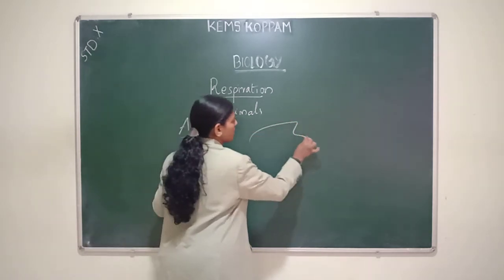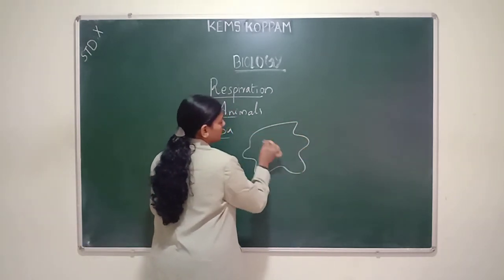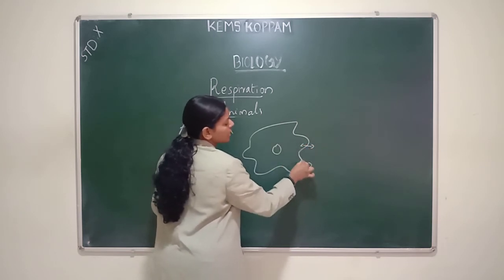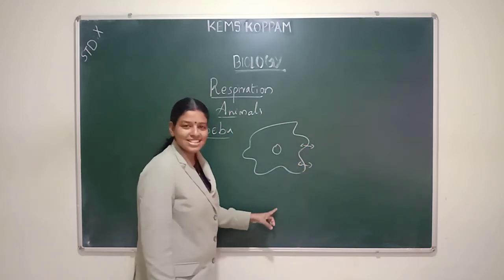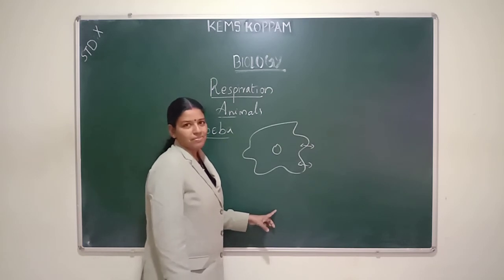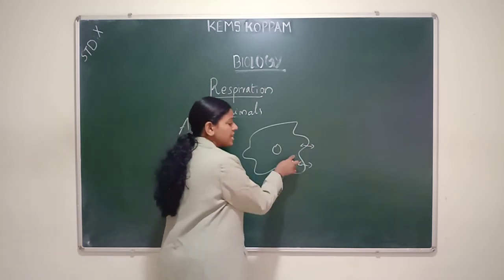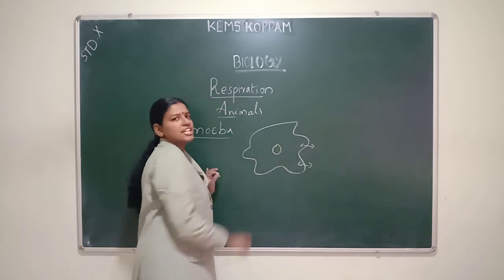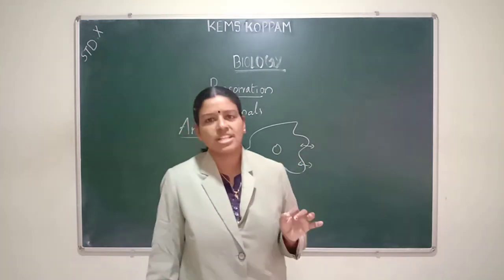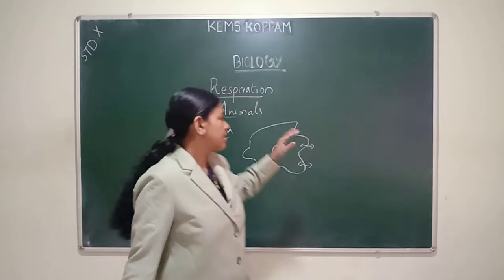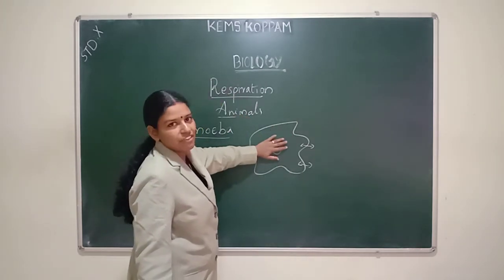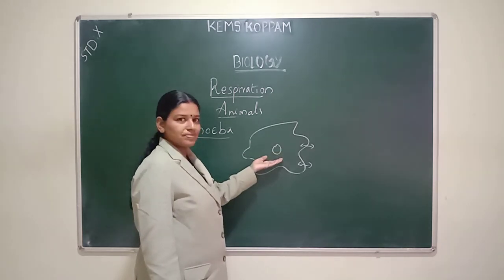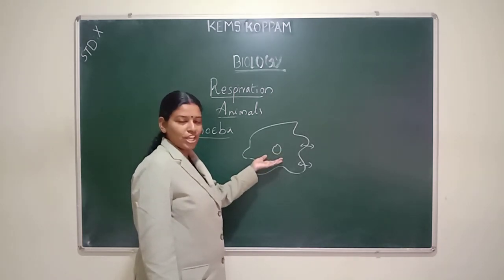So, if this is amoeba, through the cell membrane, cell surface, exchange of gases takes place. And it is very easy, because if diffusion is taking place very fast, this respiratory gas will mix with our complete body, it will be absorbed. Because it is a very simple organism, very simple body organization.